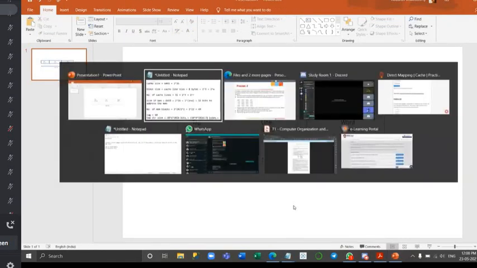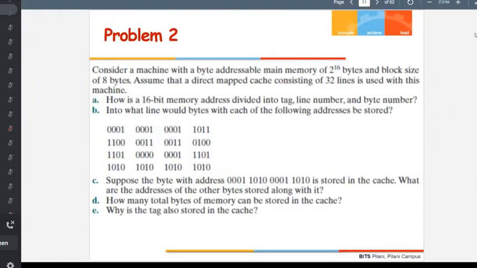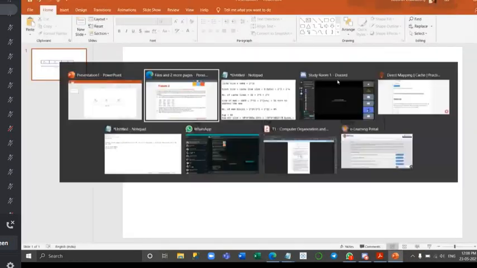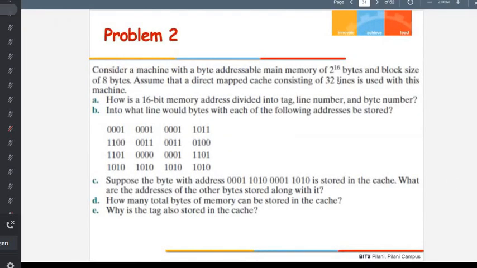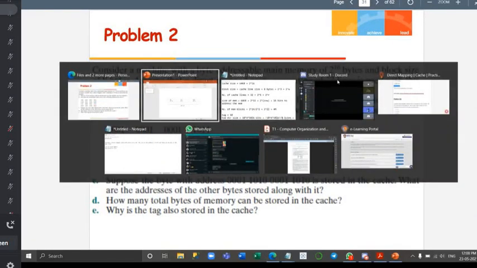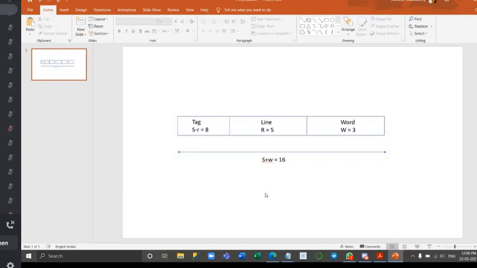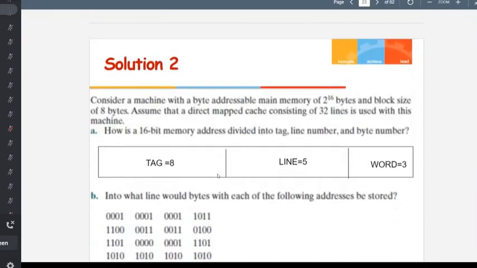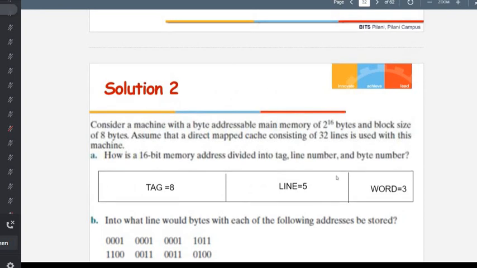So based on only these three things, the block size, main memory size, and the cache lines, we can find out the entire tag value. They've asked how the 16-bit memory address is divided into a tag, line number, and byte number. We found that a 16-bit address is divided as 8, 5, and 3.